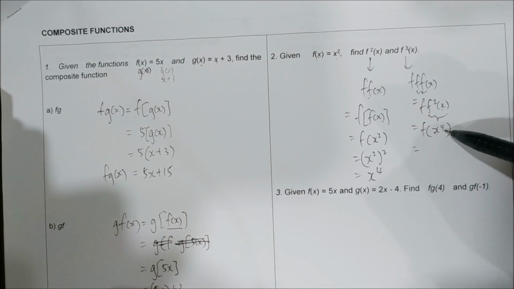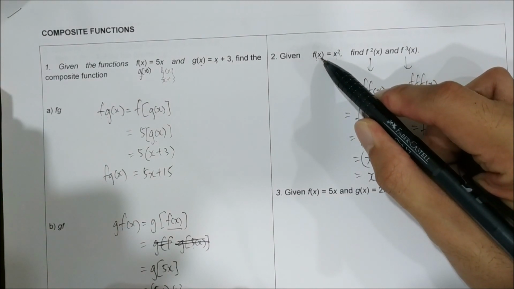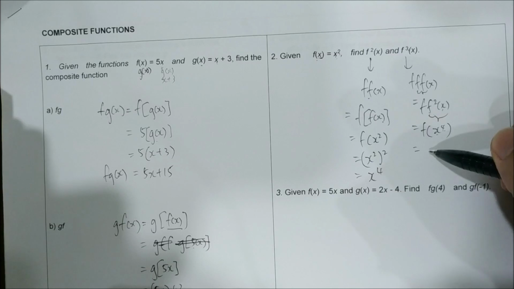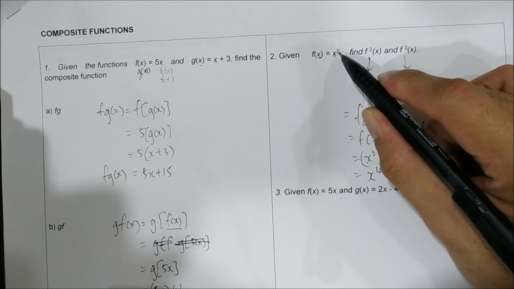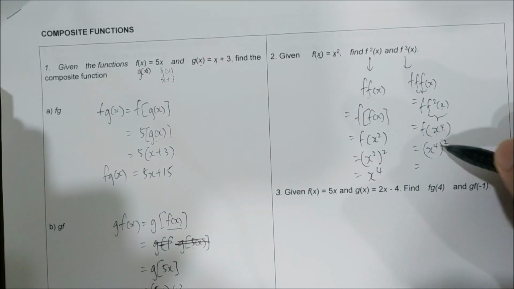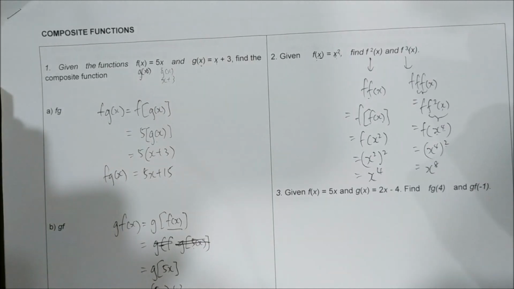Now we substitute x to the power of 4 into here. Then we get x to the power of 4, to the power of 2. If this is in brackets, it means 4 times 2, you get 8. And that will be the answer.